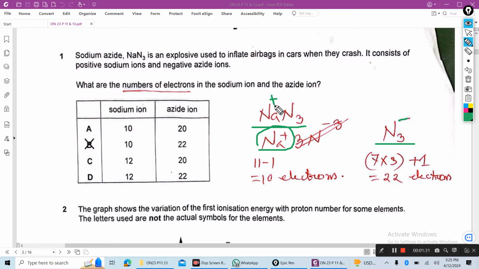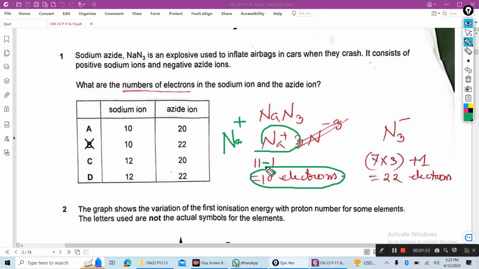Sodium is plus, azide is minus. Now the number of electrons: a sodium atom has 11 electrons, so plus 1 means 1 electron less. 11 minus 1, the sodium ion has 10 electrons.